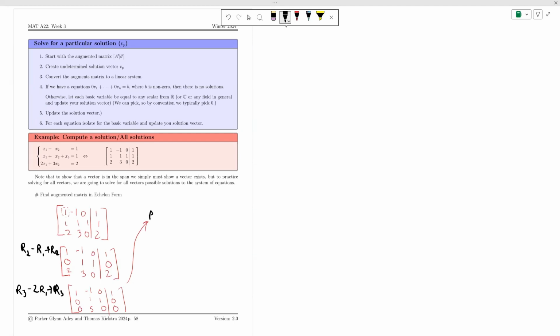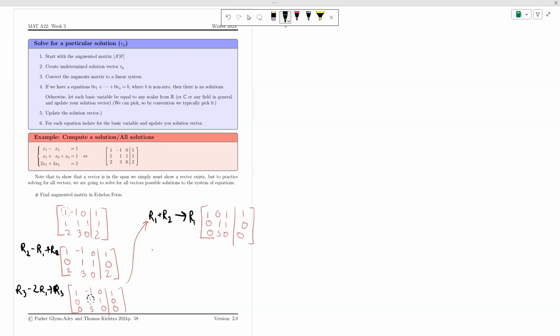We take R1 and add R2 to it, because this is going to be my next pivot entry. I've made it 1, put it in the right spot. And now I get 1, 0, 1, 1, 0, 1, 1, 0, 0, 5, 0, 0.